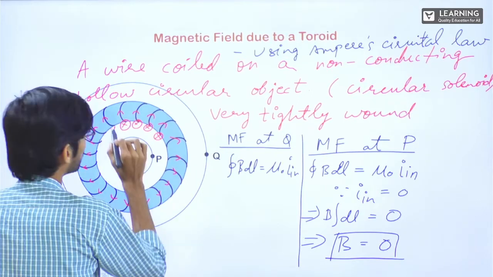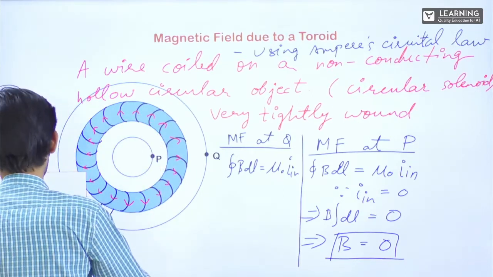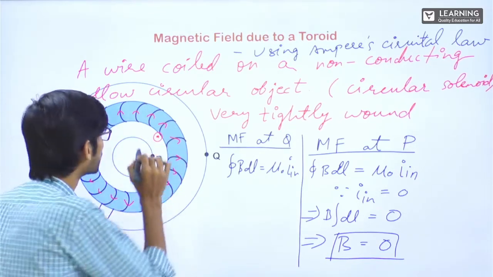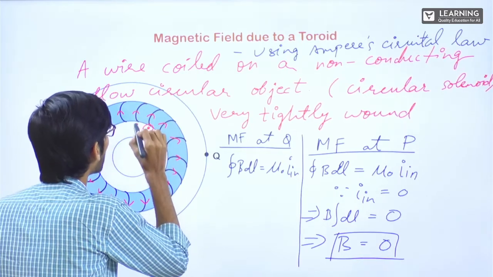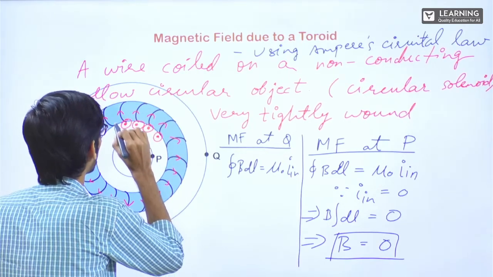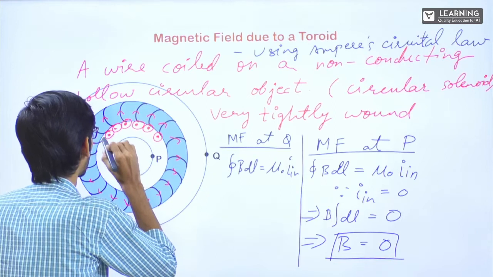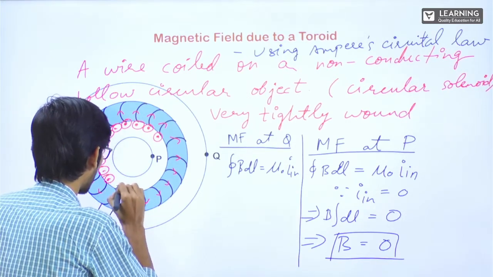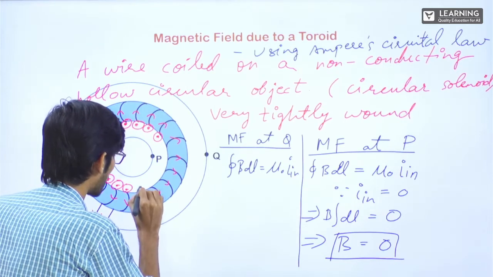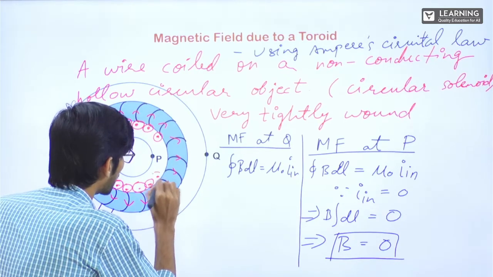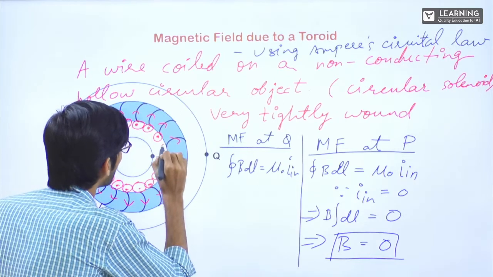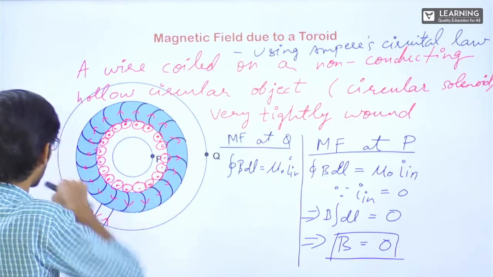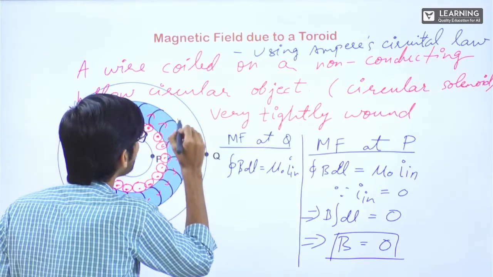It has to be dot. It is coming out from this edge, right? From the inner circle, if you see. And from here it is going inside. Everywhere it is going inside. So this will be a cross.